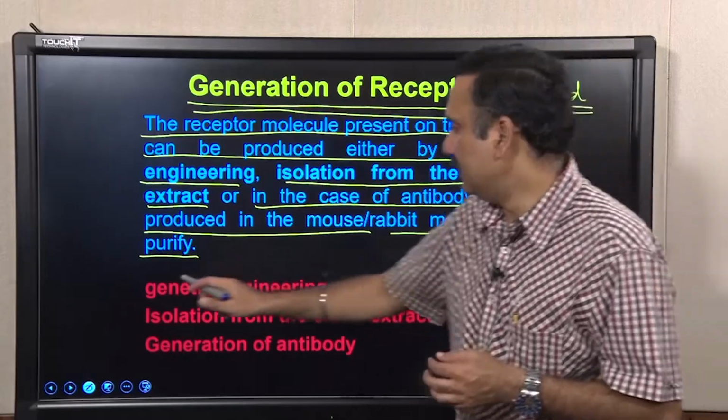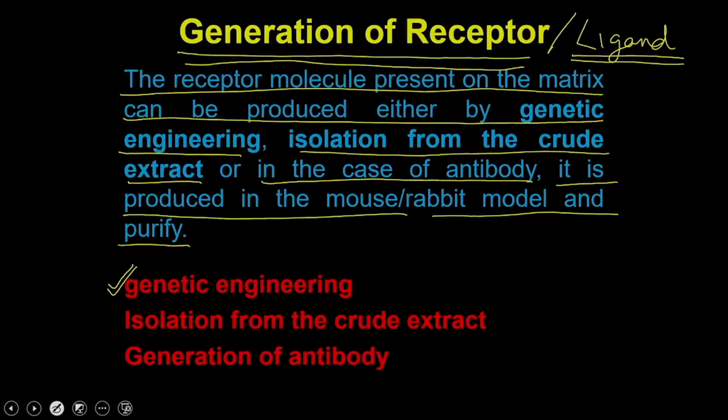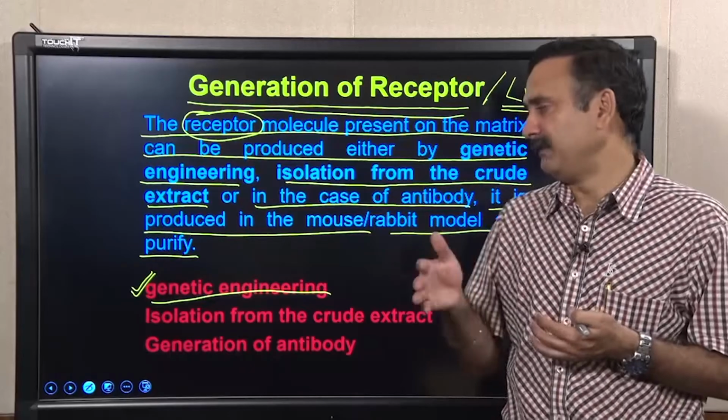The first is genetic engineering. You can clone the gene responsible for a particular receptor, and then purify that receptor using recombinant DNA technology. You can add a tag or other features, and then purify the receptors using other chromatography techniques.